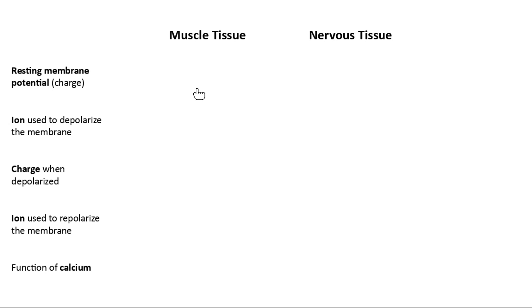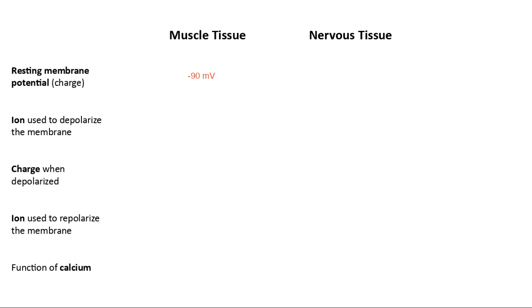When I talk about muscle tissue, what's my resting membrane potential? My normal charge when I'm not contracting. Yeah, so a couple of us are chiming in. In muscle tissue, my resting membrane potential is -90 millivolts. That's different from what I see in nervous tissue.